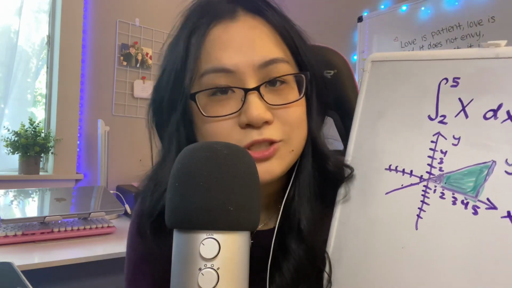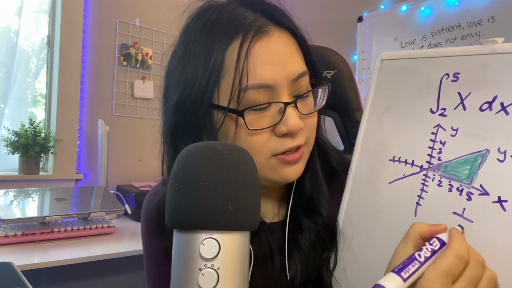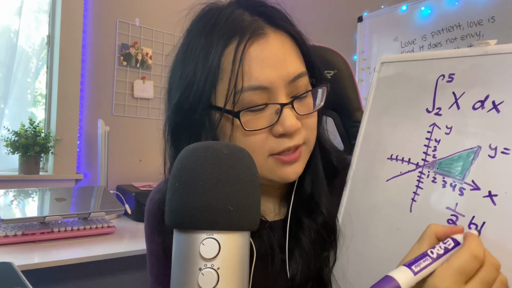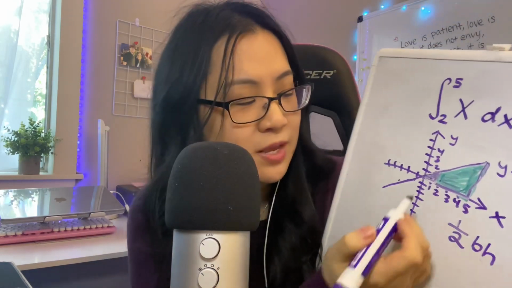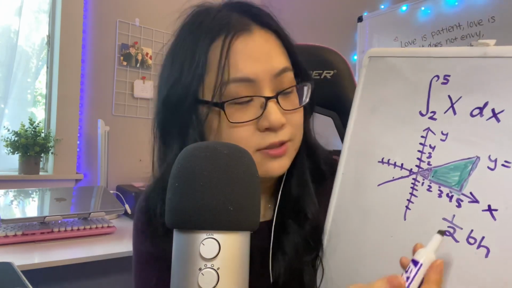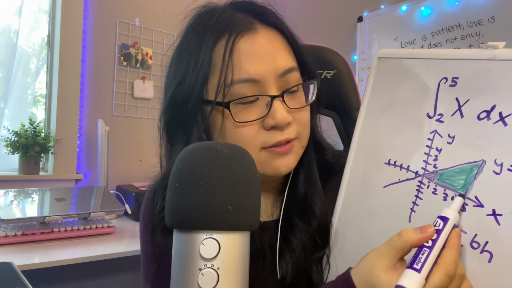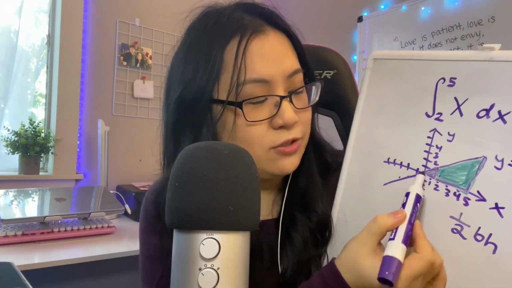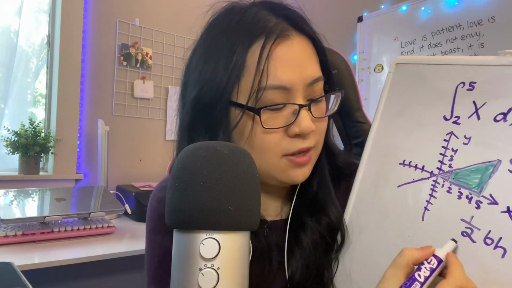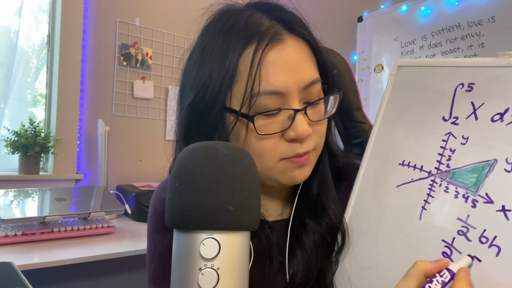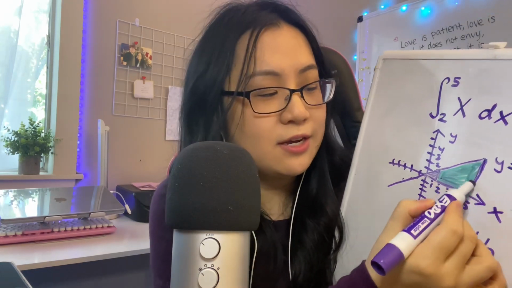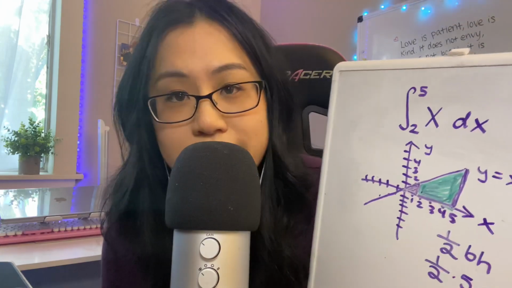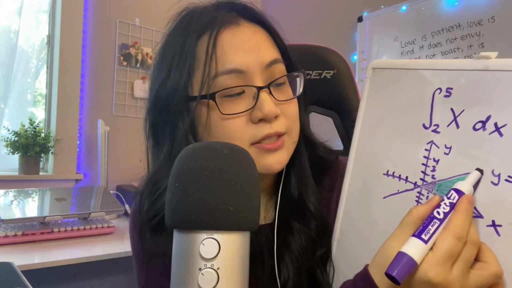The area in general of a triangle is half times base times height. And so for the big triangle, my base is 5, from 0 to 5, because of this 5. So the base is 5, and the height is actually also going to be 5, because I'm given the function y equals x.